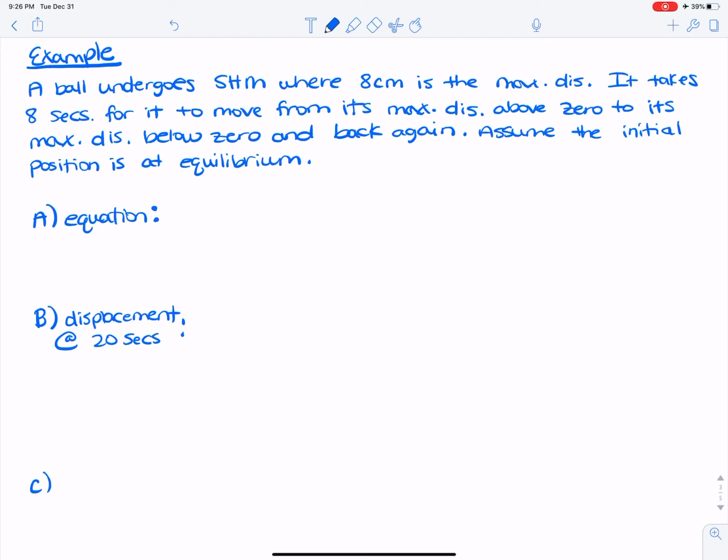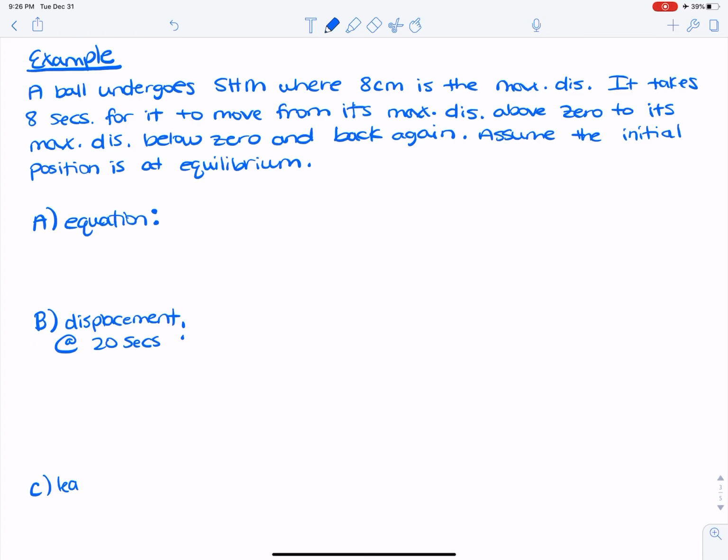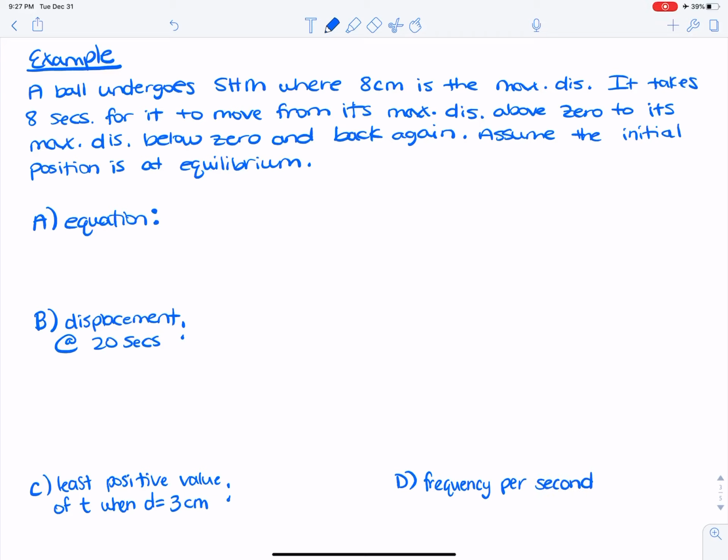Question C is, what is the least positive value of T when D equals 3 centimeters? And question D is, what is the frequency per second? We're talking about seconds anyway, so it's just what's the frequency?